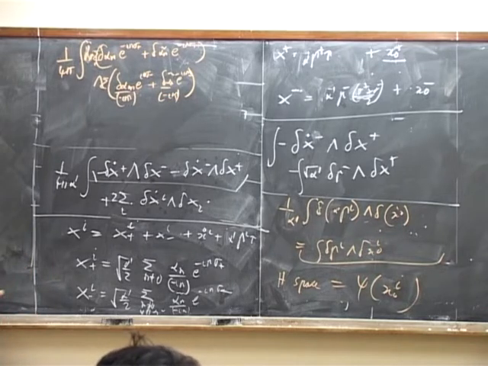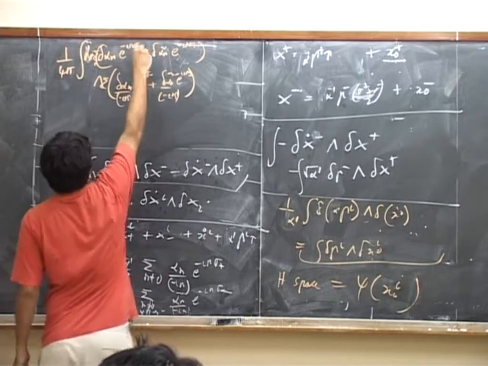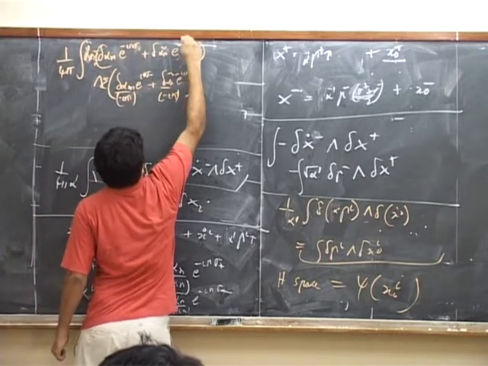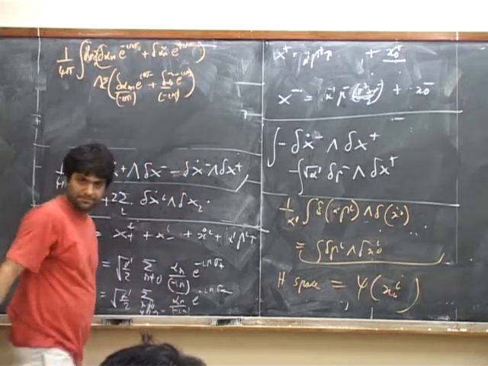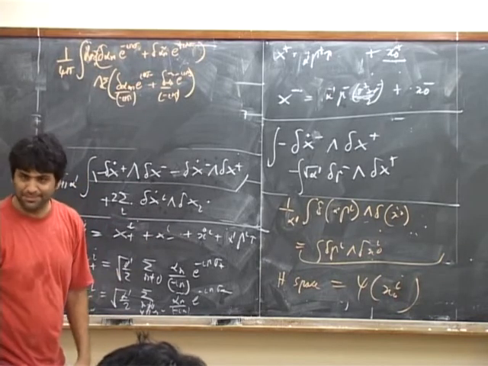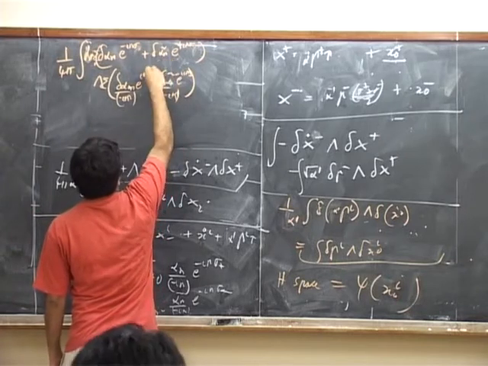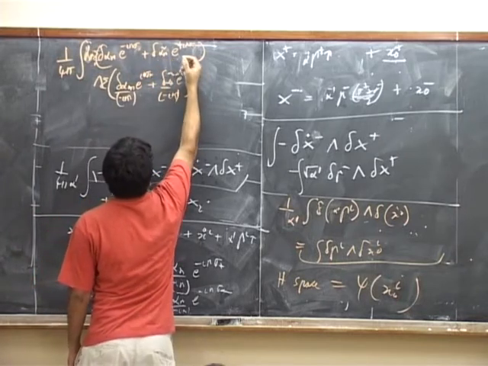Yes, so sigma plus and sigma minus are sigma and minus sigma. Let me make that explicit. Sigma plus is sigma, and sigma minus is minus sigma. Now that we've taken the time derivative, we can just make the replacement. This was plus and this was minus.